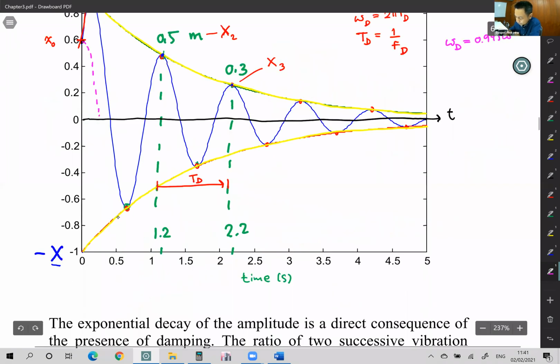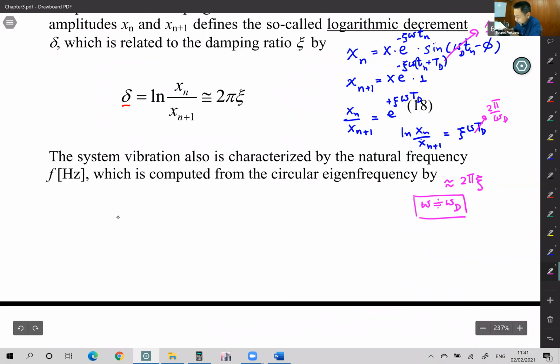That's why the assumption that omega is close to omega d is often adopted in our civil engineering cases. Many buildings, many bridges are assumed to have omega and omega d as the same number because they are very close.